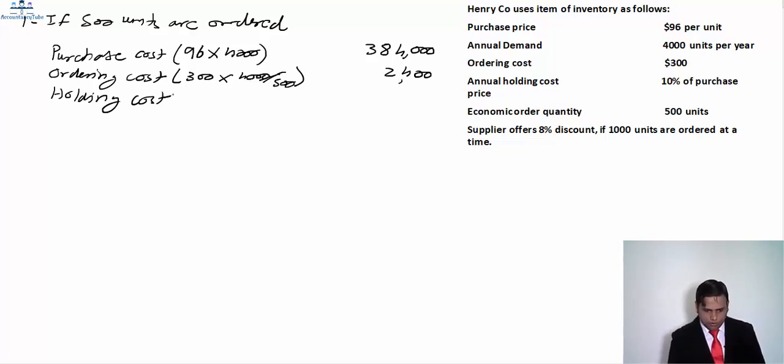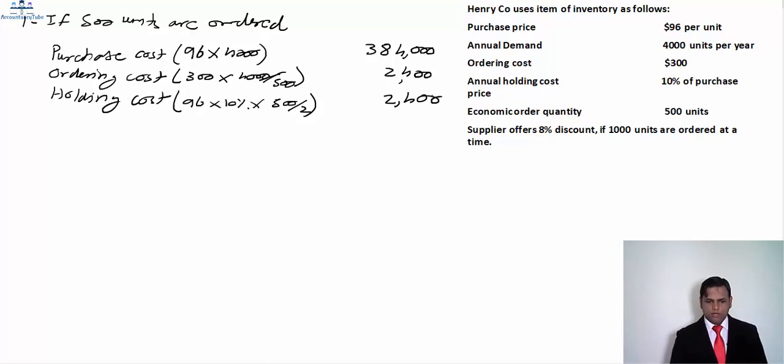Then we need to compute our holding cost. Holding cost, as the question tells us, is 10% of purchase price. Our purchase price is 96 multiplied by 10%, and we need to adjust this according to the average EOQ, and this will give you again 2400.